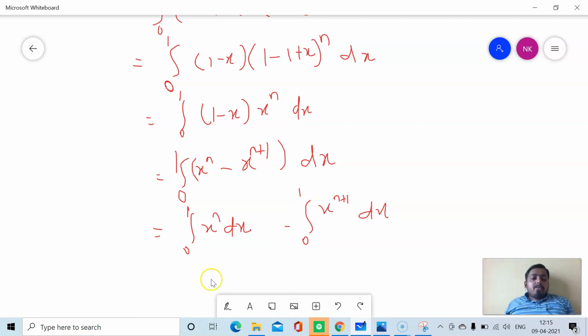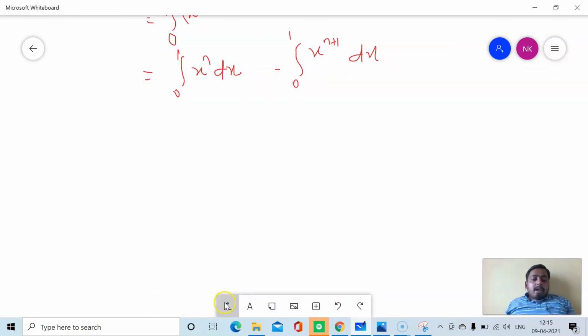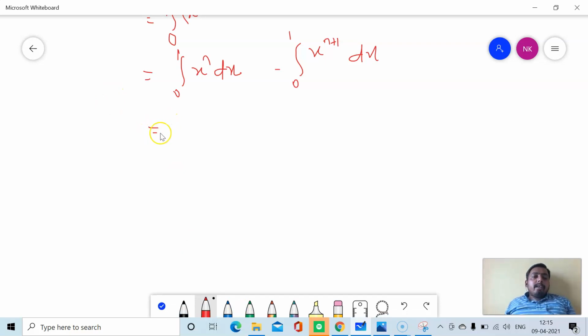Okay, so this is the next step. After that, we know that integration of x to the power n is x raised to n plus 1 divided by n plus 1.